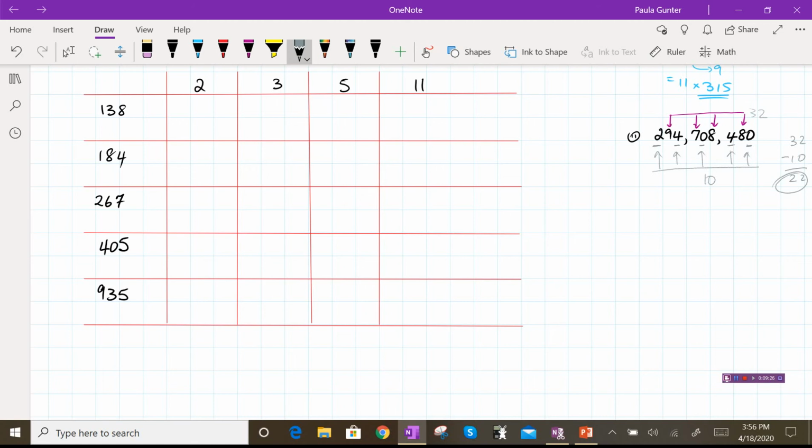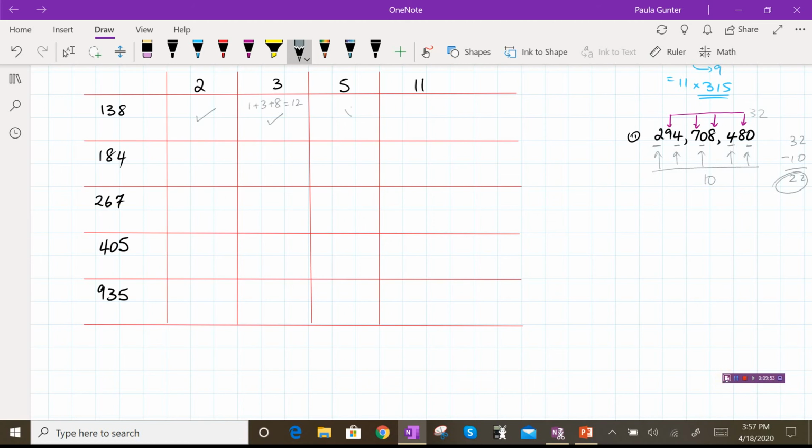All right. So starting off with 138. It is an even number, so definitely it is divisible by 2. If I check 3, 1 plus 3 plus 8, taking the digits and summing them, I get 12. So 138 will also be divisible by 3.